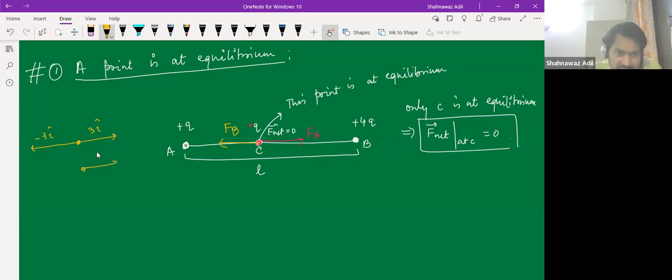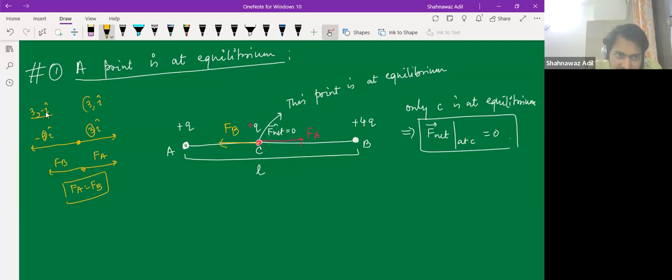So these forces would be equal in magnitude. Let's say you have FA and you have this FB. This FA should be equal to FB so that they cancel each other out, right? This has magnitude 3 and direction minus i-hat, and this has magnitude 3 and direction i-hat.